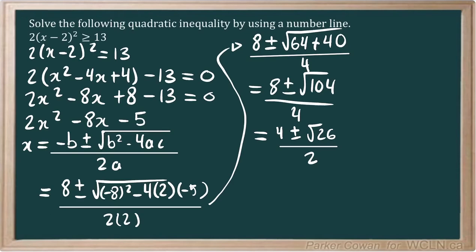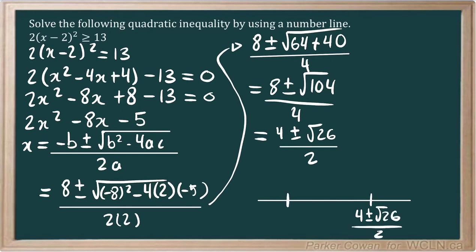We'll just leave it at this point here. And so on a number line, we're basically just going to have 4 plus root 26 over 2, and 4 minus root 26 over 2.